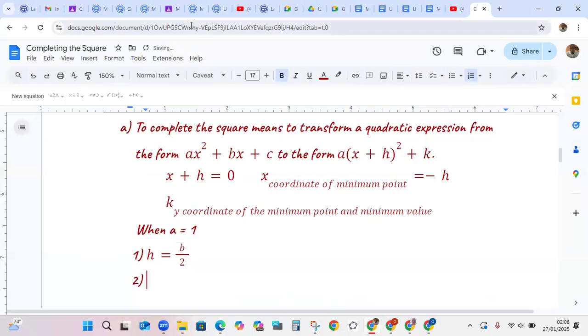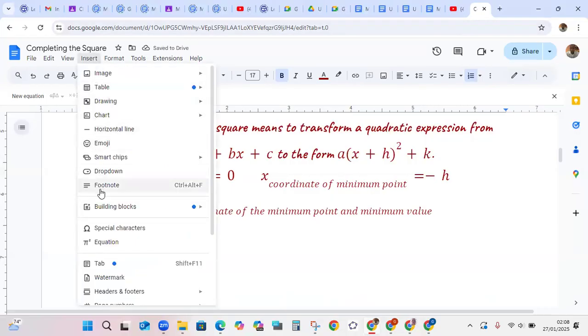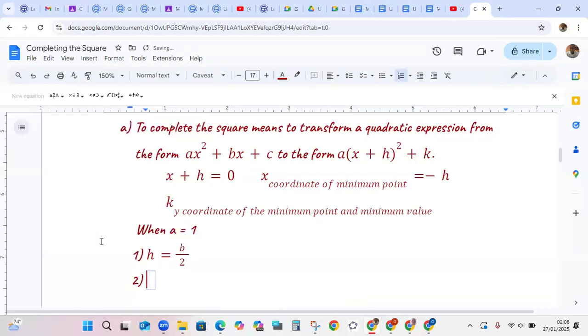And k will be equal to c, that c you have here, minus h squared. So you divide b by 2 to get h, and to get k, you subtract the square of h from c, and you only do that when a is equal to 1.